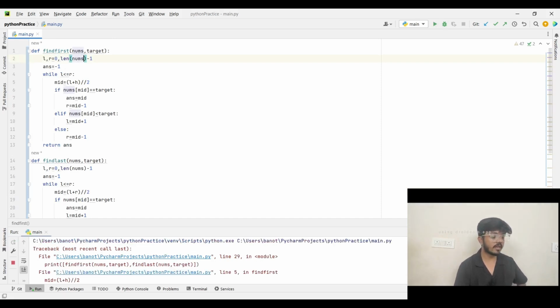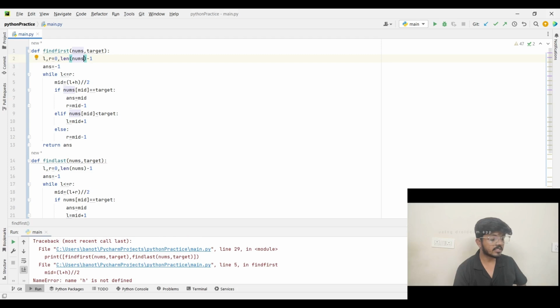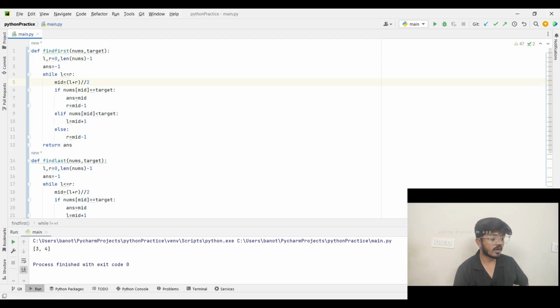If I run this again, we get the name h is not defined. We have the right and the left. The h is in line 5. This is the left place, not the high, it's an R. We give R only. So if I click on run again, yeah, I got 3 comma 4.